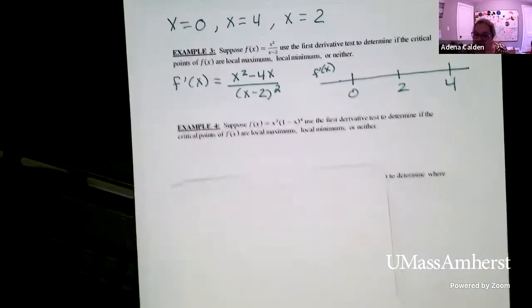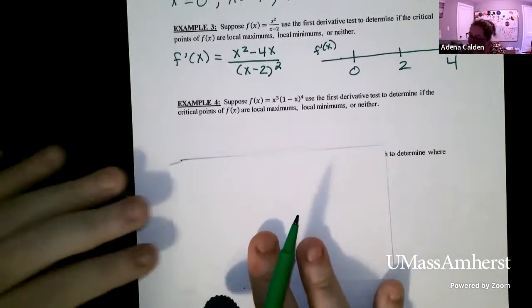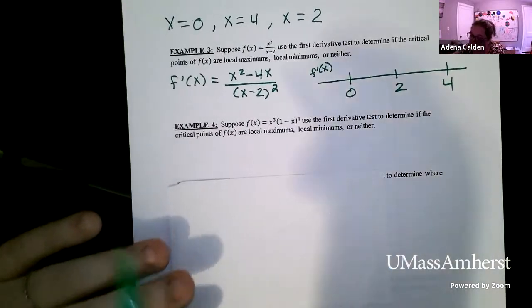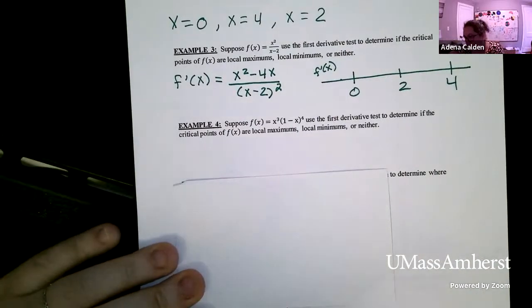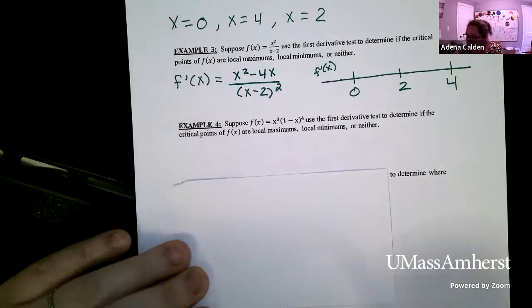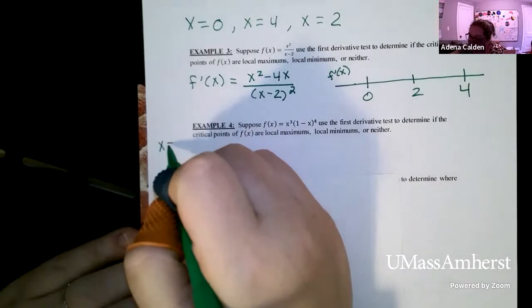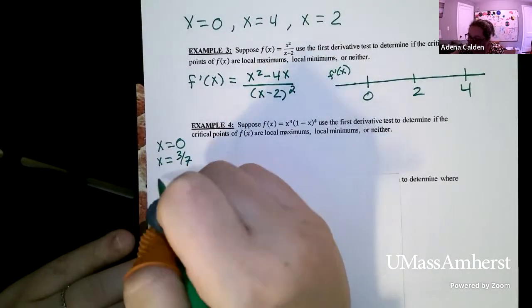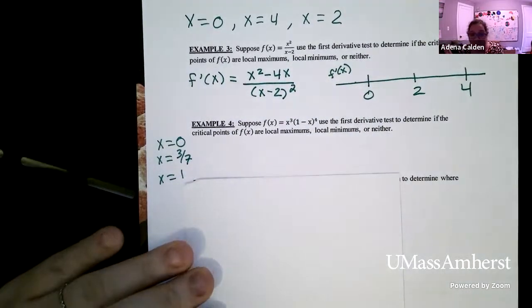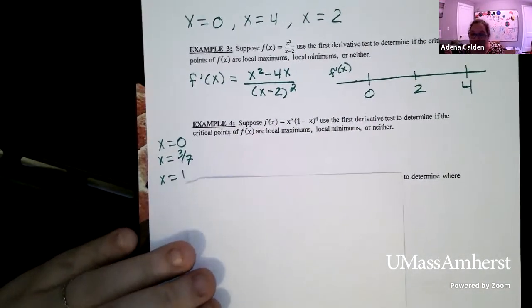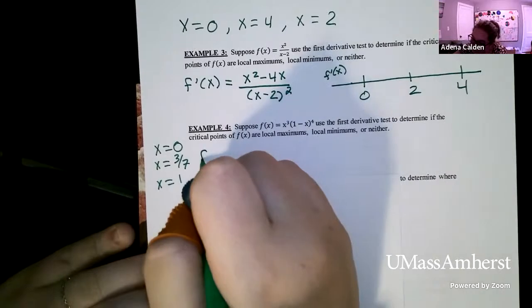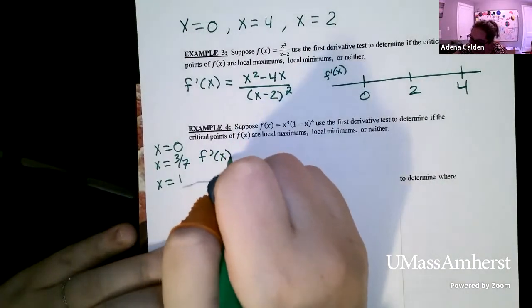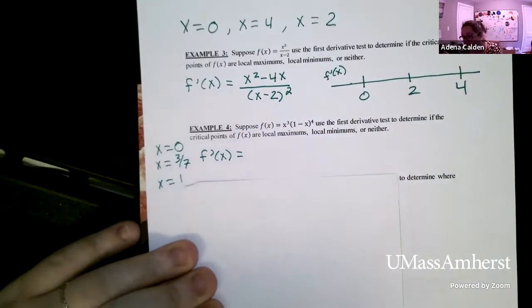Okay, we're going to do the same thing with our second function here. And again, we already found these critical points in an earlier example. So we had x equals 0, x equals 3/7, and x equals 1. And if you remember from last class, we did spend quite a bit of time factoring the first derivative.